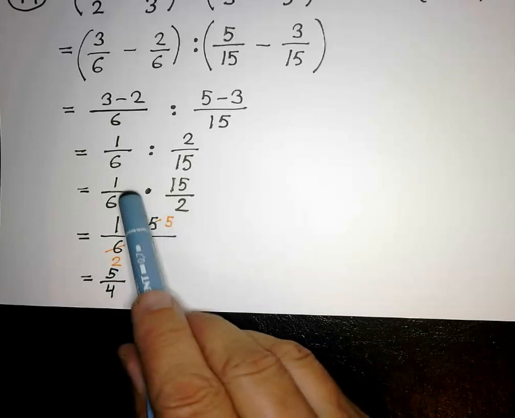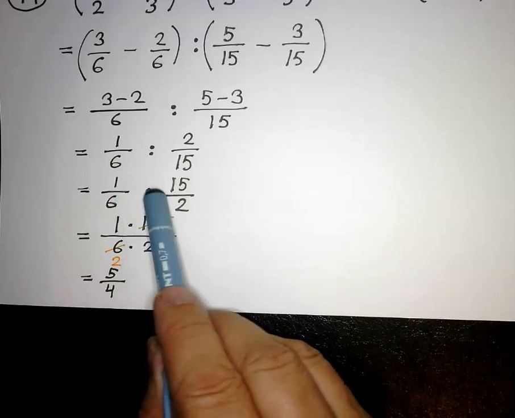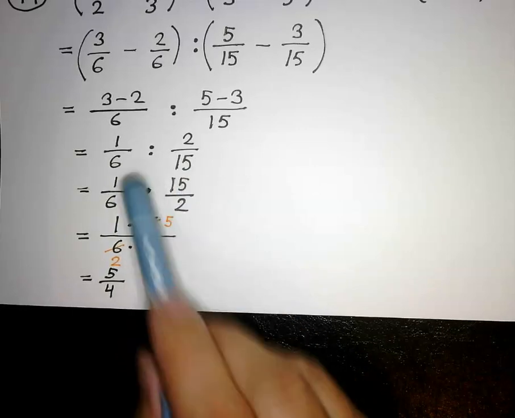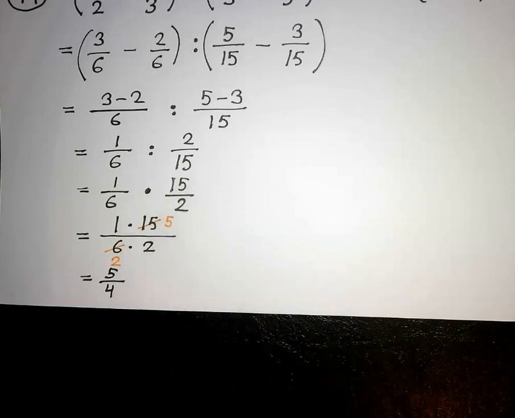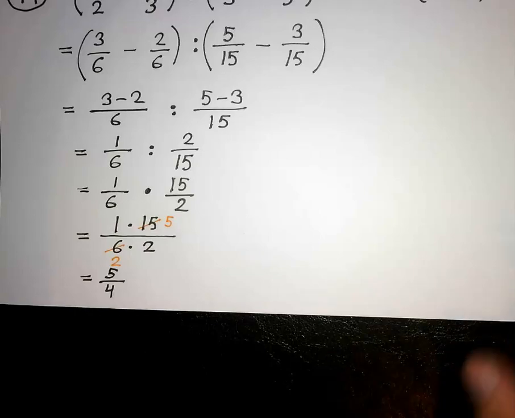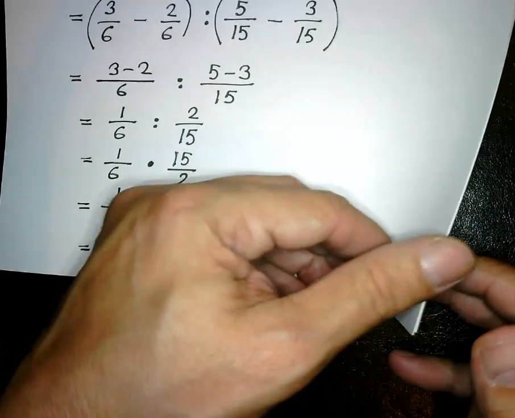So there will be 1 times 15, it will be 15, and 6 times 2, it will be 12. So if you had answer 15 divided by 12, that gave half points of that problem.